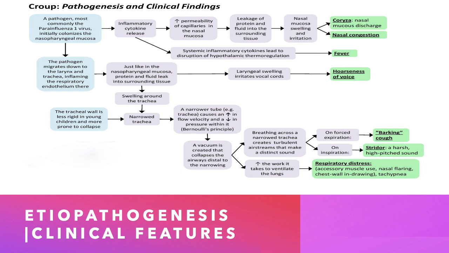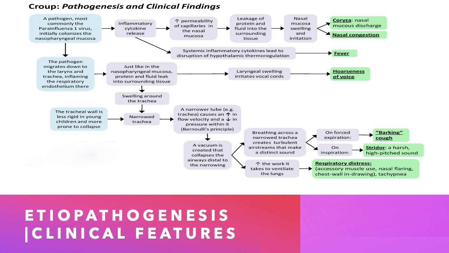So, a vacuum is created that collapses the airways distal to the narrowing, and that collapse causes breathing across a narrow trachea that causes turbulent air streams and makes a distinct sound.